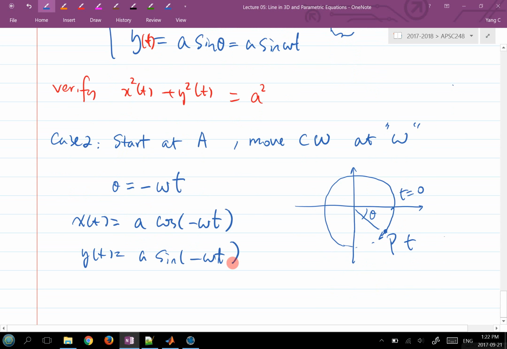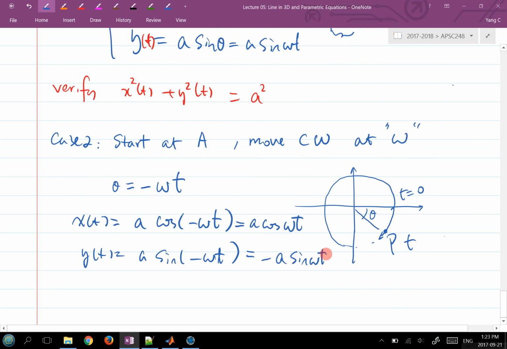That will be the coordinates for the point P as it's moving clockwise, starting from position A. So use your trigonometry property. Cosine of a negative number is always cosine omega t. But sine is an odd function, so it's negative sine omega t.